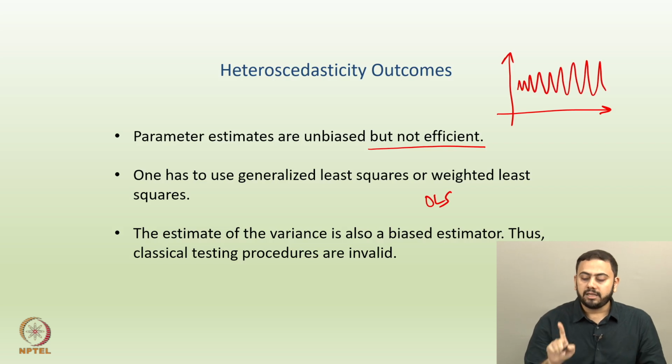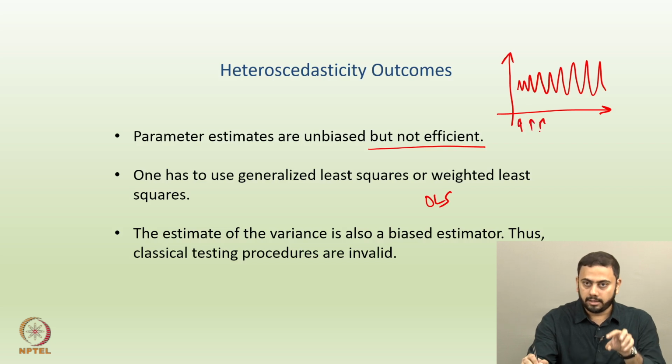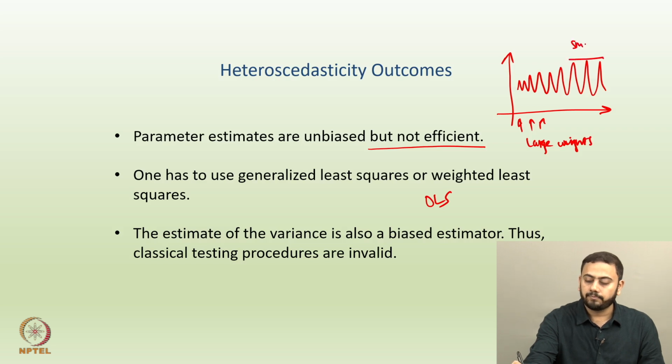One very important way is that you put larger weights for these observations, because here the variance is small. So you put large weights to all of these residuals, and wherever you see larger variance you put small weights. So, for example, here you put small weights.